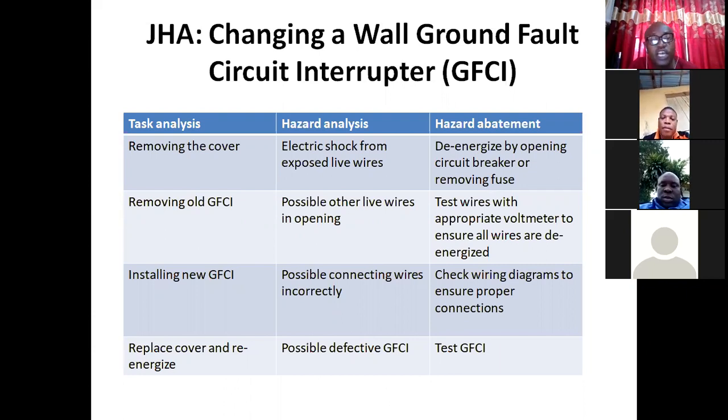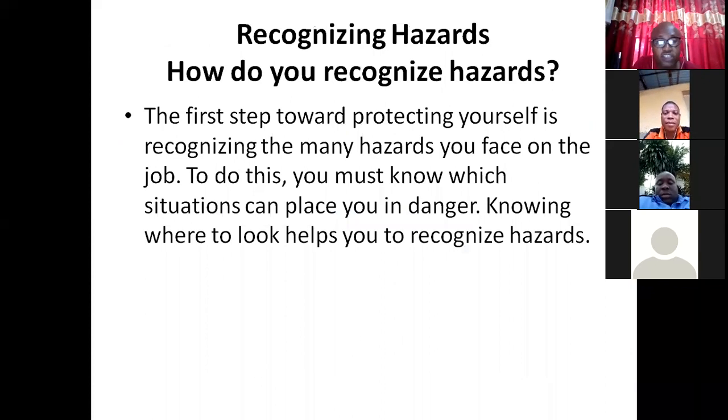An example is when they want to change a circuit breaker or a ground fault circuit interrupter. They remove the cover. If you just go straight and remove the cover without disconnecting it from electricity, you get shocked. So when you are removing the old one, before you change it, you must test the wire, whether it is safe or not.